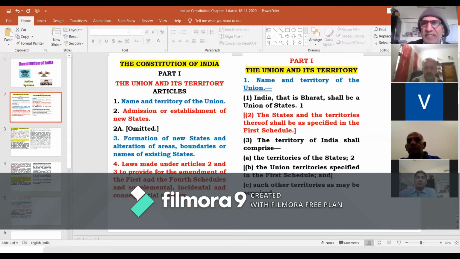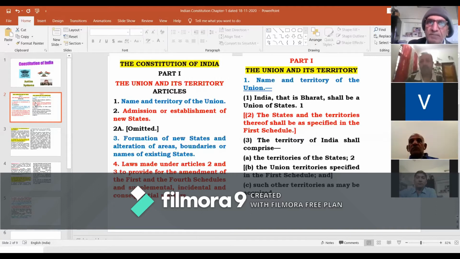But it means the same thing. Still, once it is said articles, try to find out the dictionary meaning of article and section, and the difference. Why is the word article being used here?